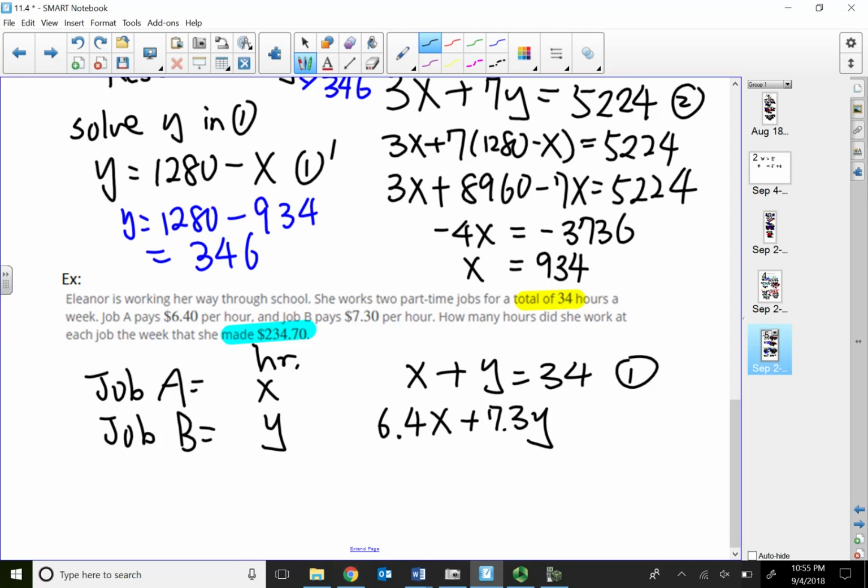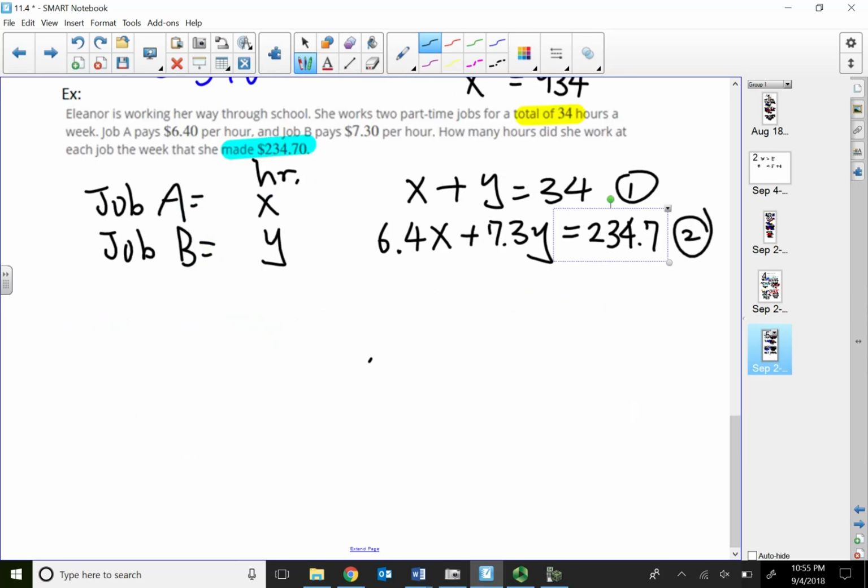The money she makes from working those hours at job A, plus the money she makes at 7.30 an hour times y hours, which gives the money from job B. And the total of the two together is $234.70. That's my second equation.